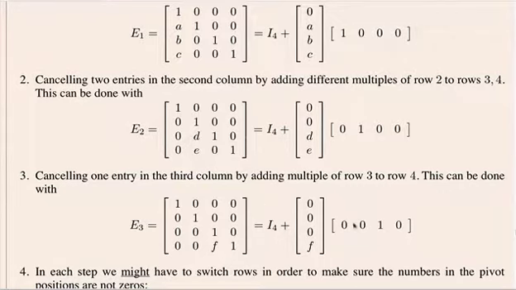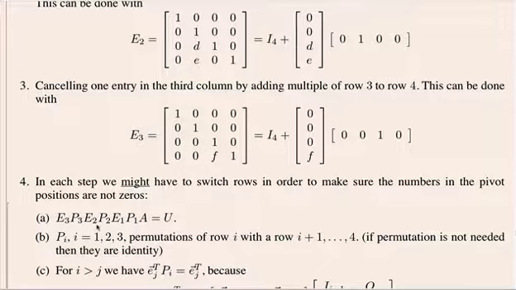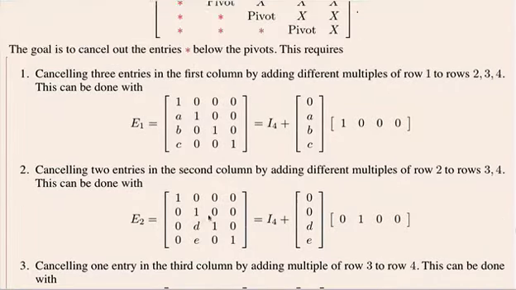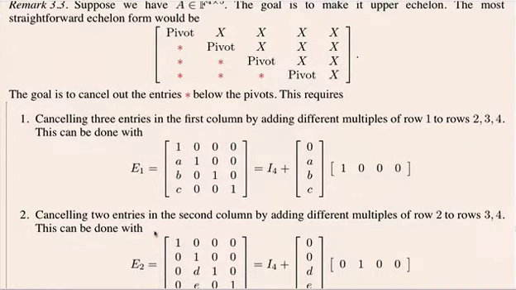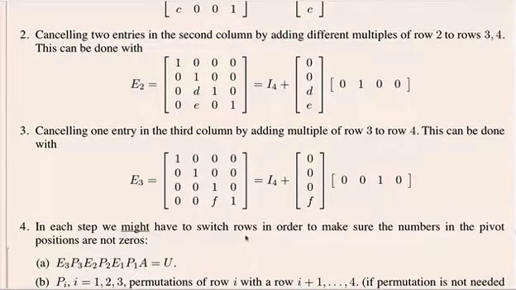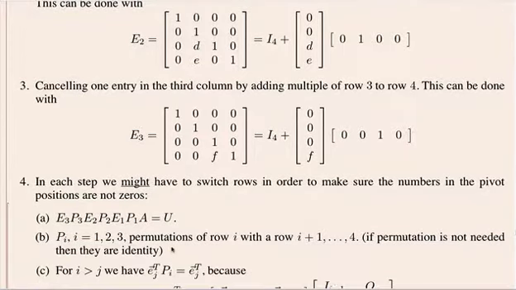Now, in each of these steps, we might not be so lucky as to have pivots in the diagonal entries, so we might have to switch rows in order to make sure that the numbers in the pivot positions are not zeros. That means this would be the general form: A is multiplied first with a permutation matrix, then row addition, then possibly another permutation and row addition, and so on.